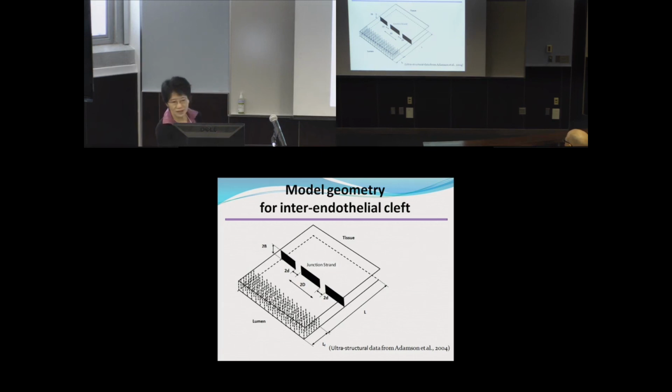So this is the surface glycocalyx, and inside you have a junction strand with pores, using ultrastructure data from 2004 for the same type of post-capillary venule. Okay, this is the model geometry. Based on the model geometry, we can calculate the permeability to water and the solutes. Okay, and here is our prediction.